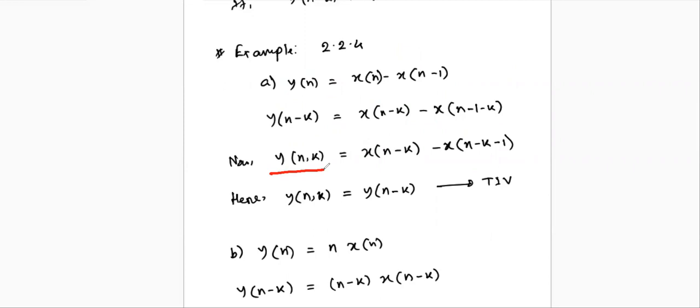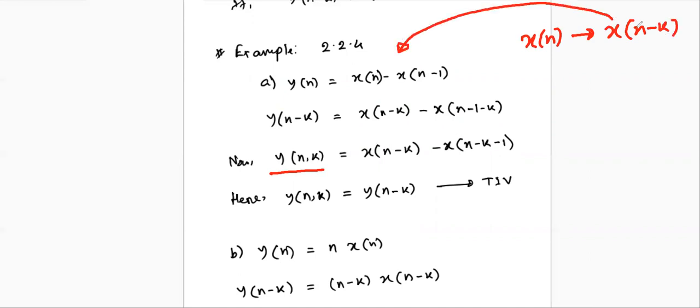y(n, k) means that first your input should be shifted. You have x(n), it should be shifted by k samples, so n minus k. Now give it to the system. If you give it to the system, you'll find that it will subtract two terms. So what it will do, it will make x(n) converted to x(n minus k), because it has already been shifted.